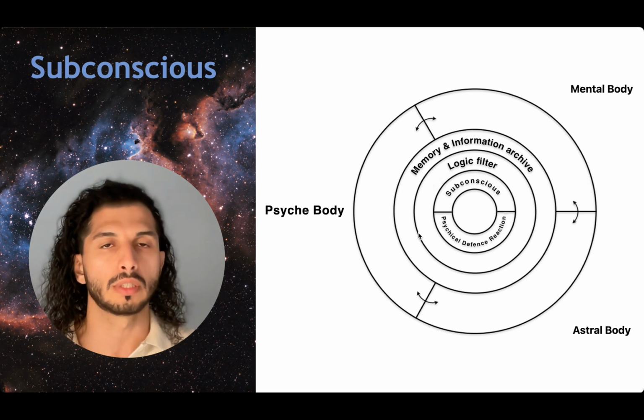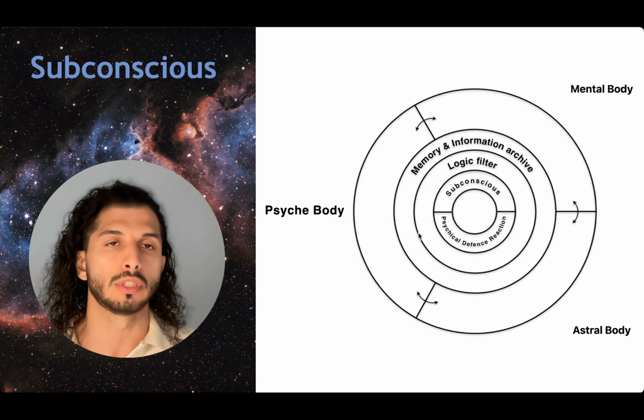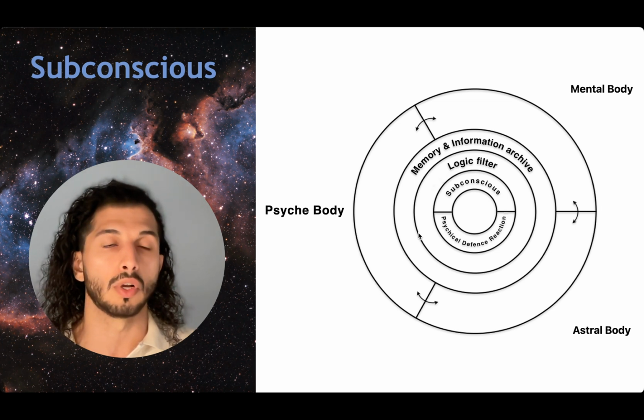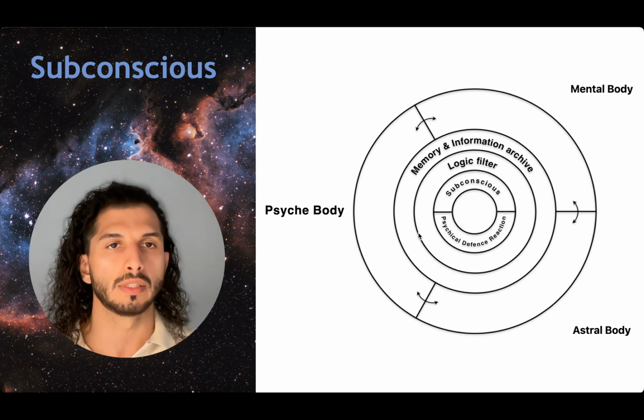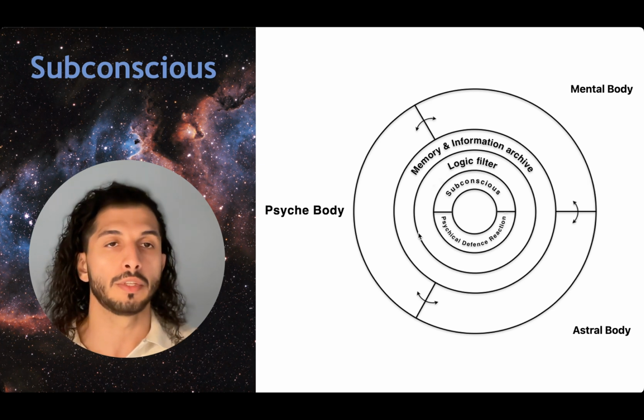In the mental body, we talked about this before, the subconscious filter and logic filter are also part of the mental body. So we are basically assessing the subcategories of the mental body here. We talked about it before in a more general sense: if the mental body is convinced of something, it can send a specific type of information to the cell, and therefore we see the reaction of the cell sometimes contradictory to the physical event.